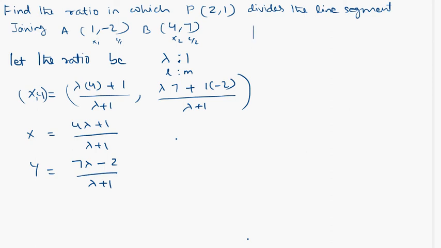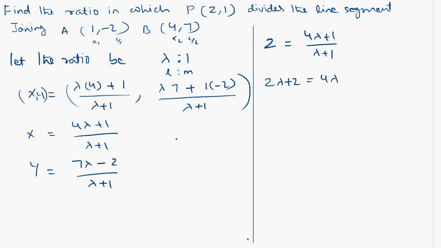Now let us do that. The x coordinate is given as 2, so let us equate 2 to the expression we got using the formula, which is 4 lambda plus 1 divided by lambda plus 1. That gives you 2 lambda plus 2 equals 4 lambda plus 1. That gives you 1 equals 4 lambda minus 2 lambda.